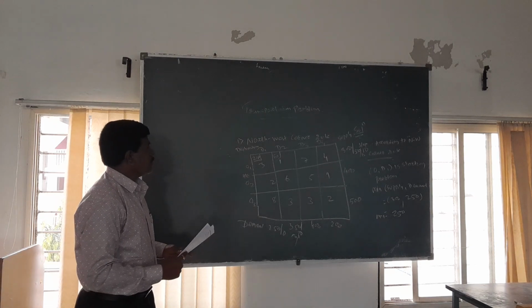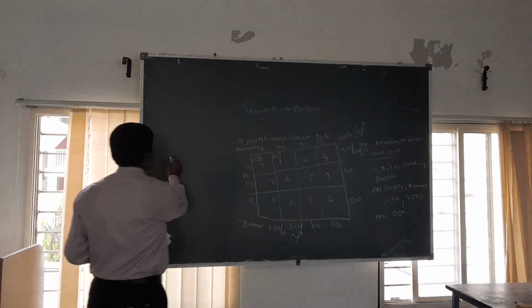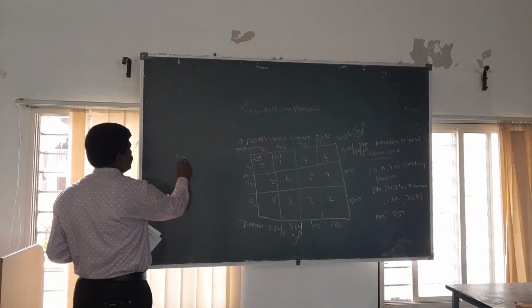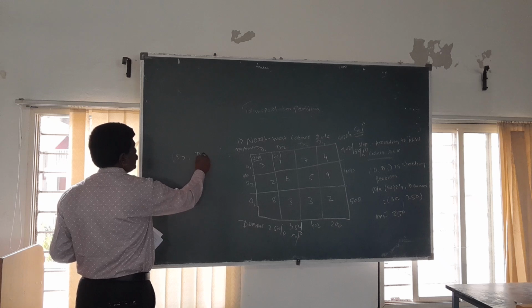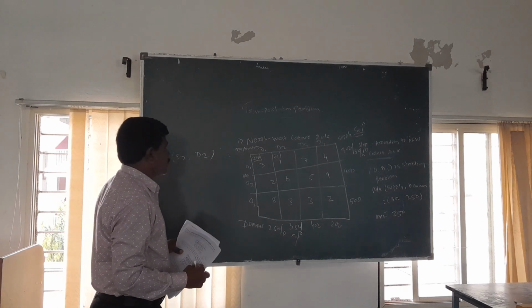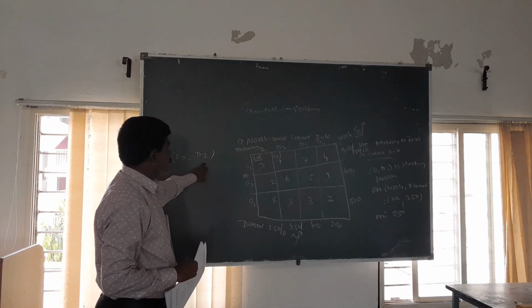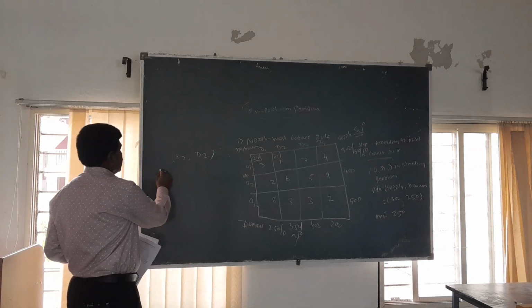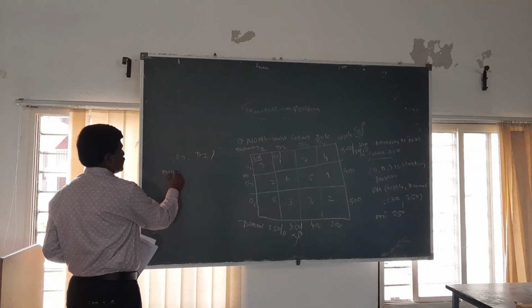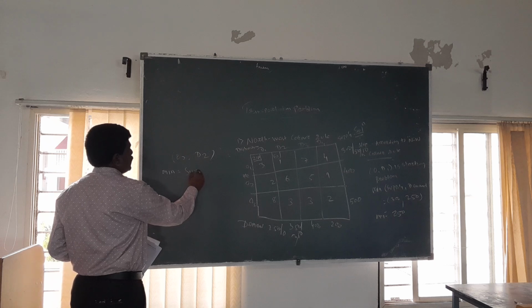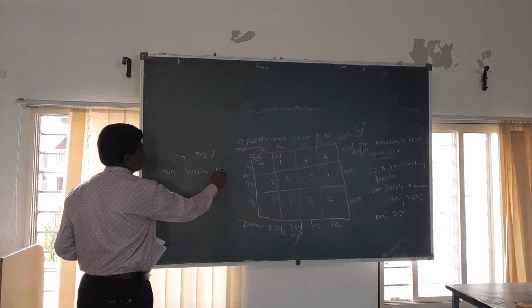Therefore we consider the next cell, O2 D2, and make the allocation there, taking the minimum of supply and demand.